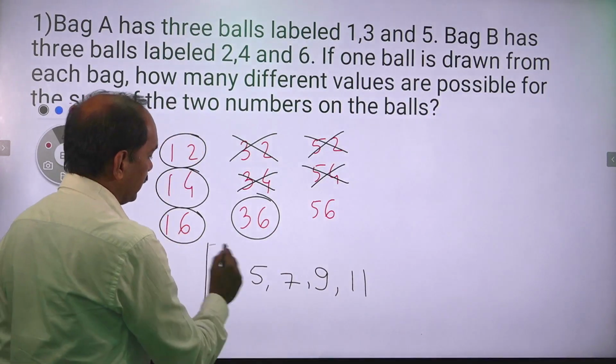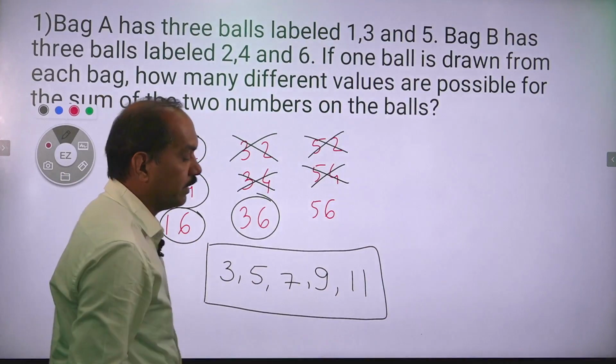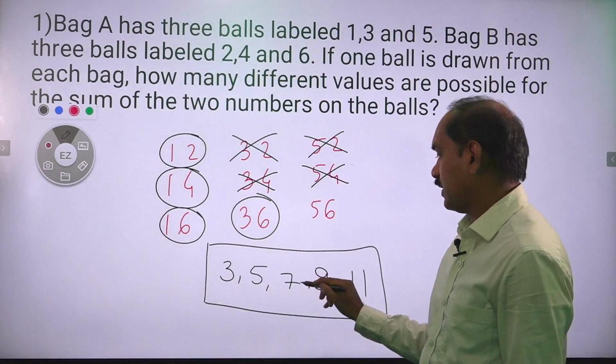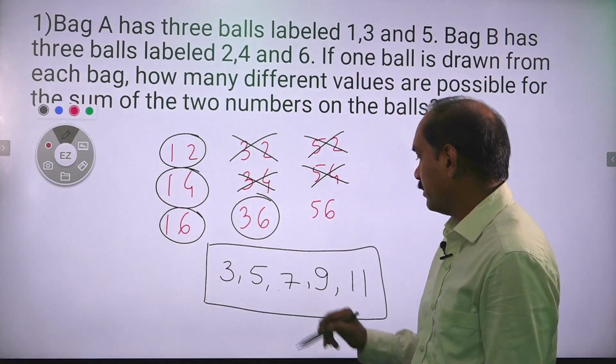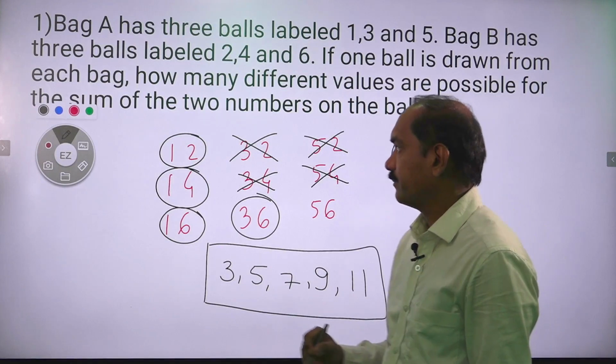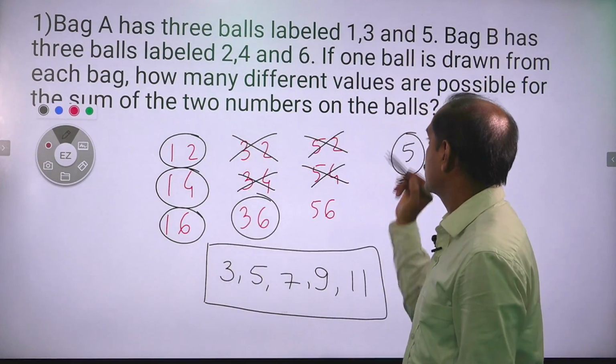So all these 5 are the different sums. So the sums can be 3, 5, 7, 9 and 11, meaning 5 different sums you can obtain, the sum of the two numbers on the balls.